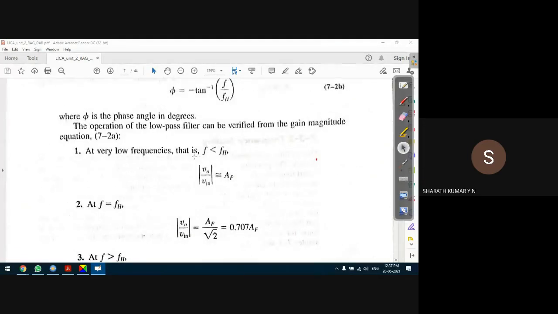So for the low pass filter, the operation can be listed like this from the gain magnitude. At low frequencies, F is less than Fh.